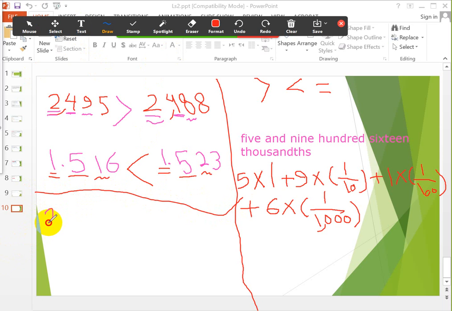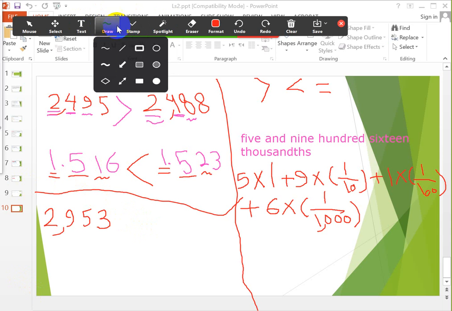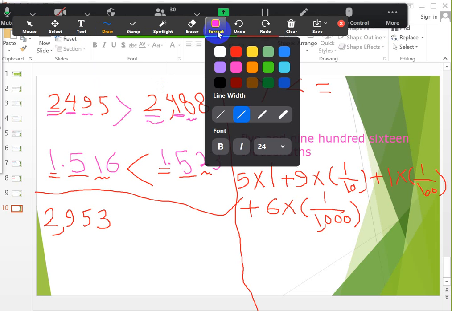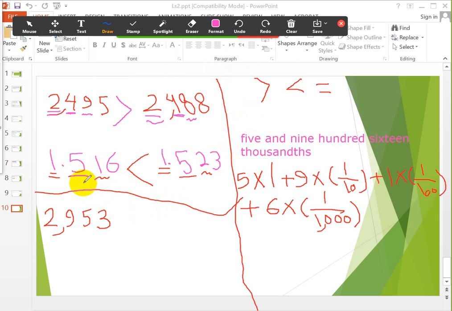If I have 2,953, and I told you I want to round this number to the nearest, what? To the nearest 1,000. You remember rounding? Thank you, Rinat. Excellent. So you remember how to round the numbers.